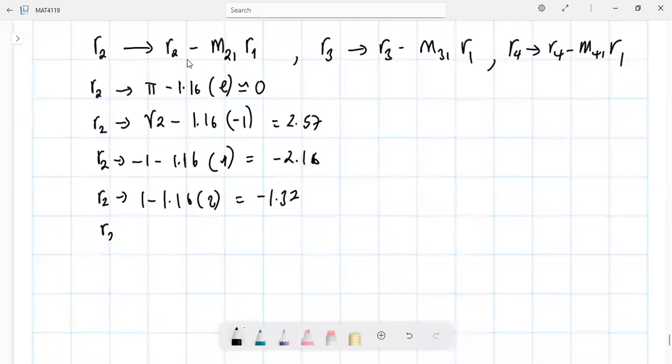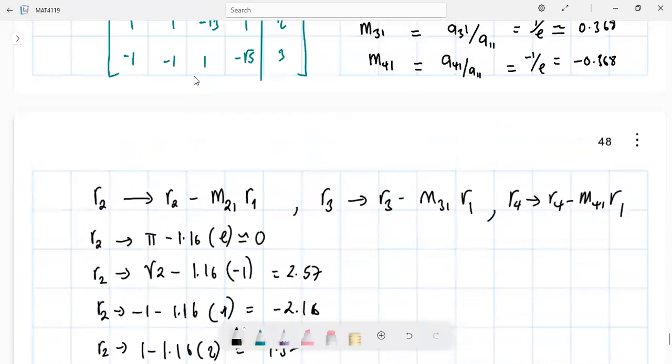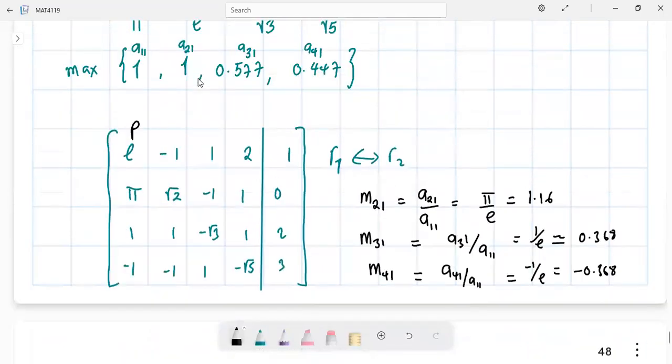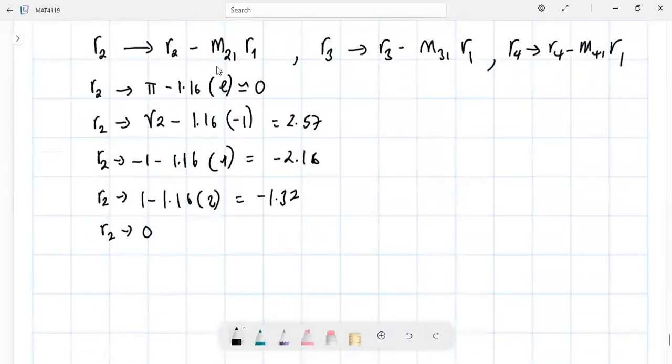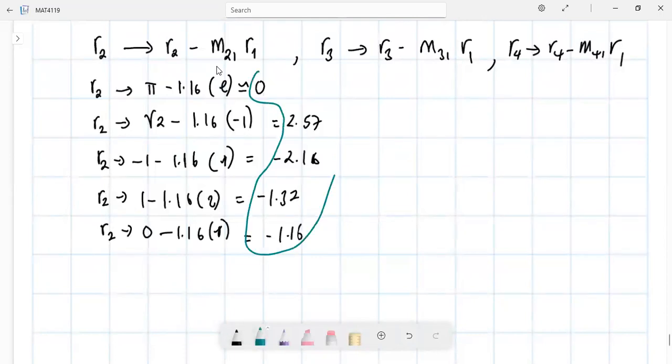And then the next element in row 2 is 0, minus M21, which is 1.16, times the element in row 1, giving just negative 1.16. So these are the new elements we're going to write in that second row.